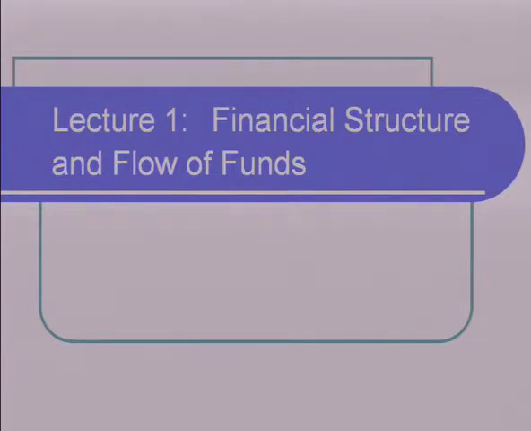All right, if you go to section 4.3 now, you'll see that there's an outline of the topics that we're going to cover. So week 1, financial structure and the flow of funds. And then from weeks 2 through to 6, we're going to be looking at banking and financial markets. So next week we look at the management of financial institutions.